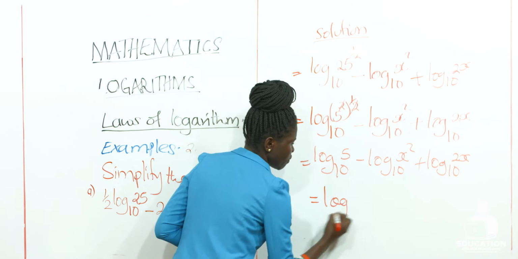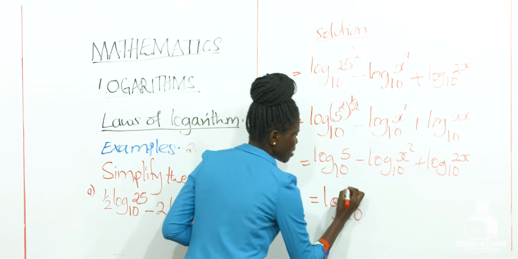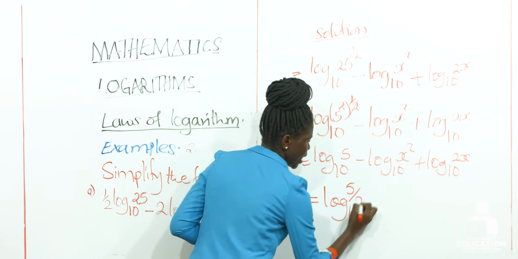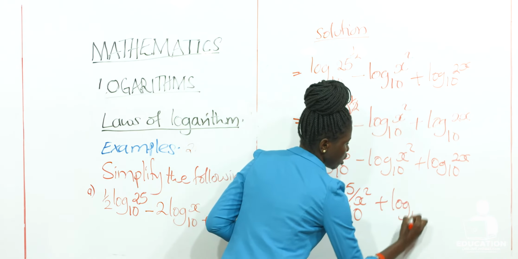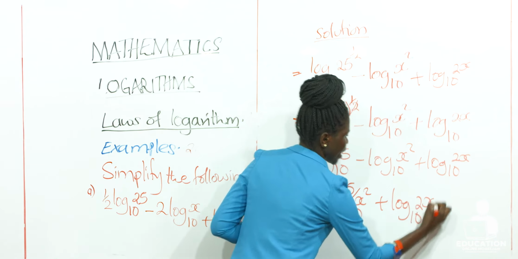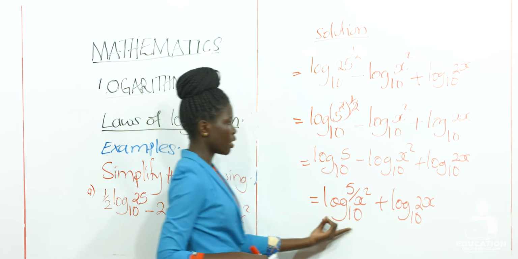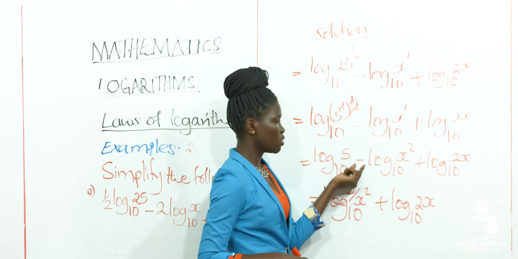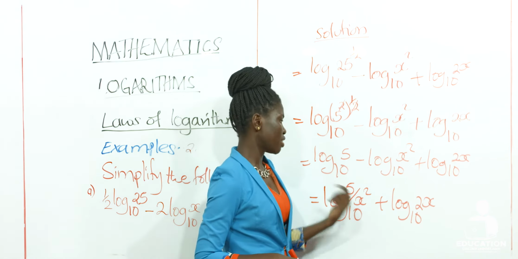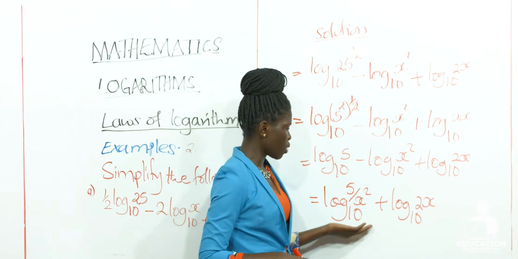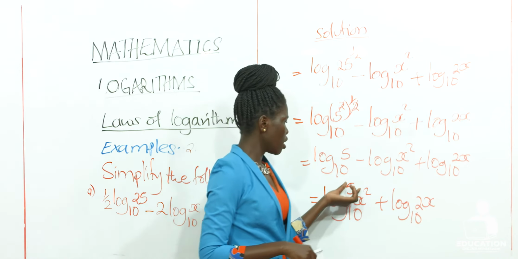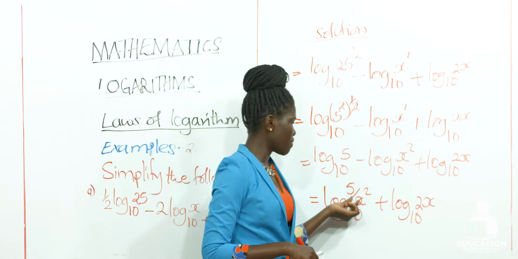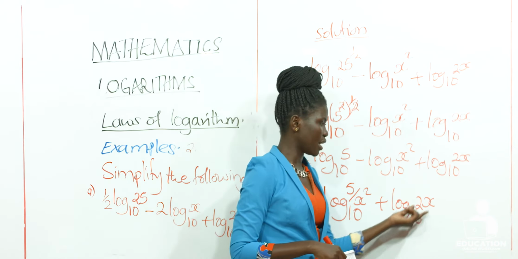So here we're going to have log of 10, the two numbers, 5 divided by x squared, plus log of 10 2x. So now we have one single number. We've combined the first one using the law that concerns subtraction. Now we've got this as one whole number adding to this.